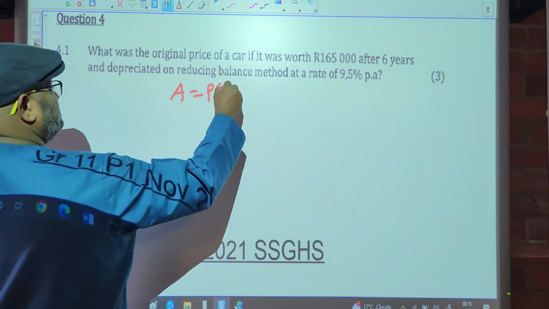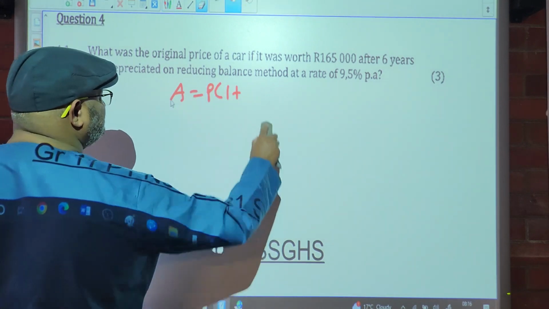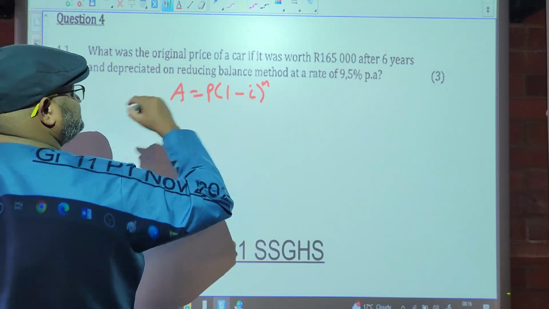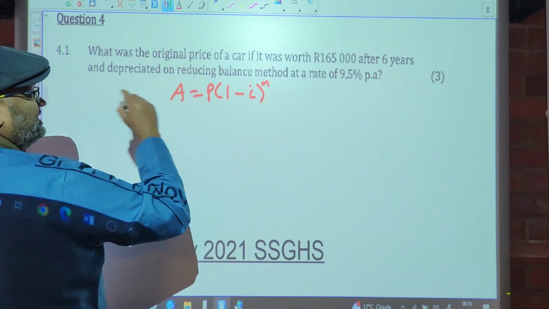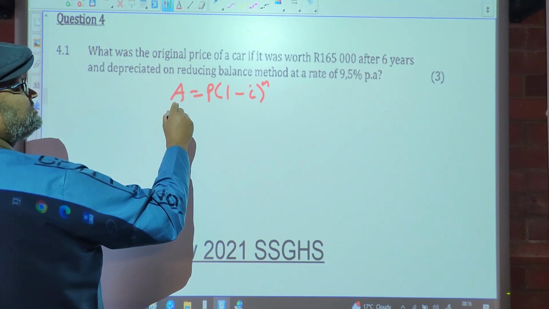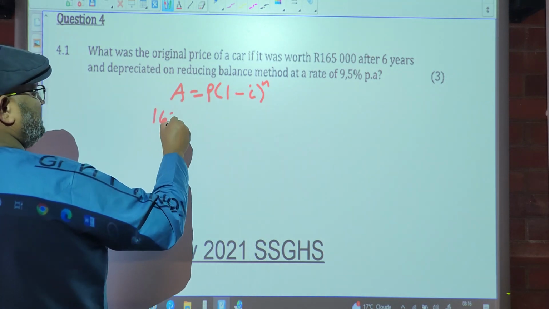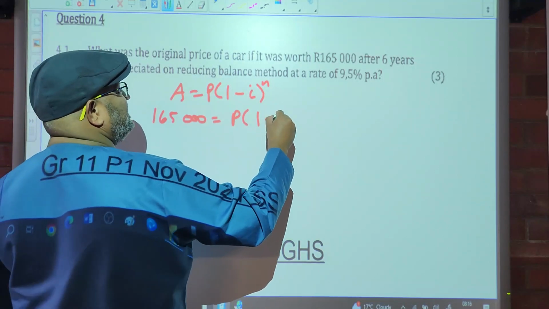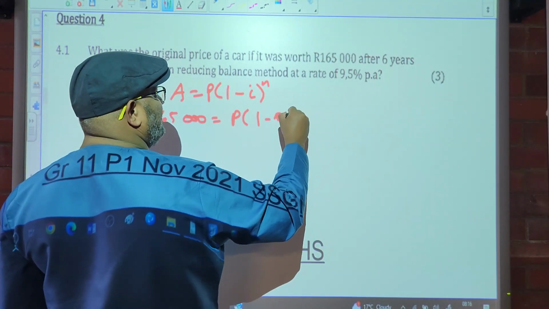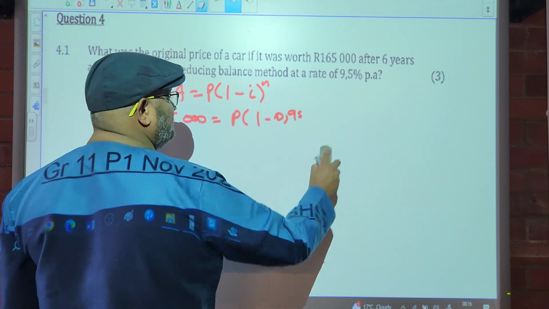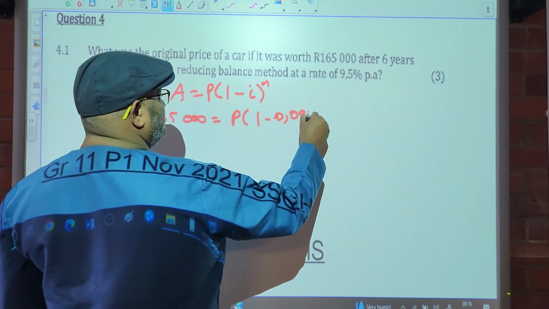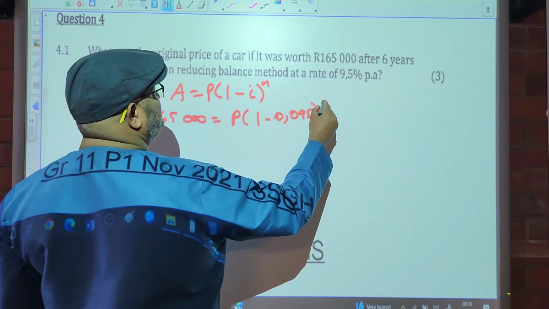A is equal to P into 1 minus i, to the exponent n. Okay, so what's your A value? 165,000. P is what you're calculating, 1 minus i, which is 1 minus 0.095, to the exponent 6.